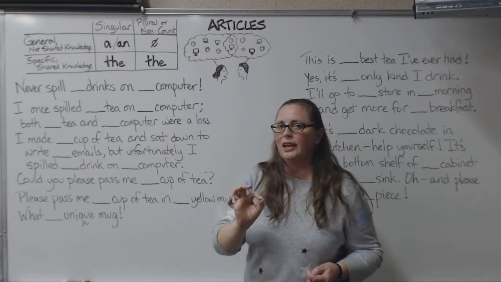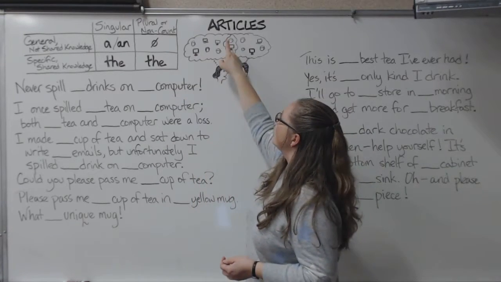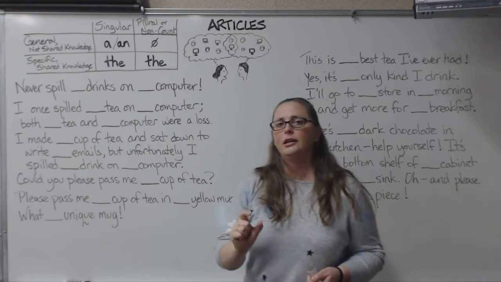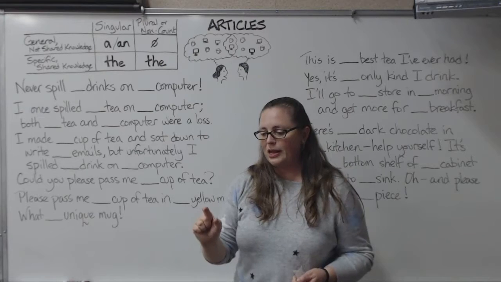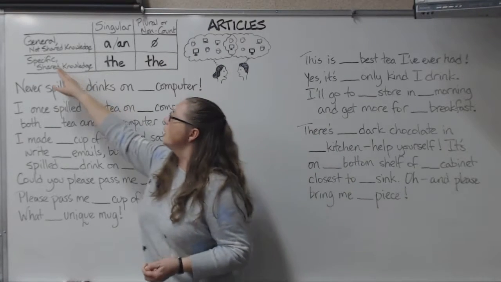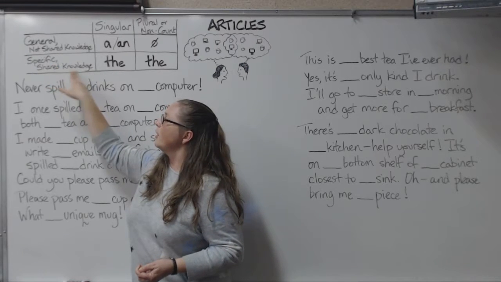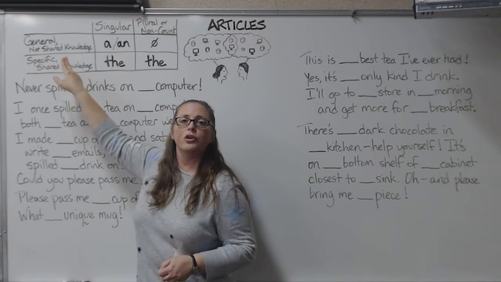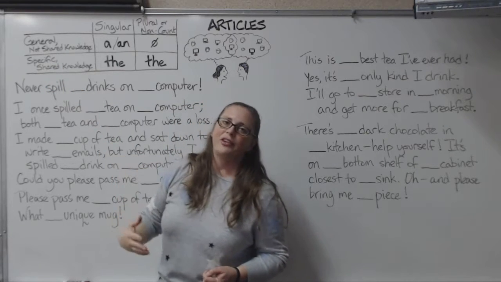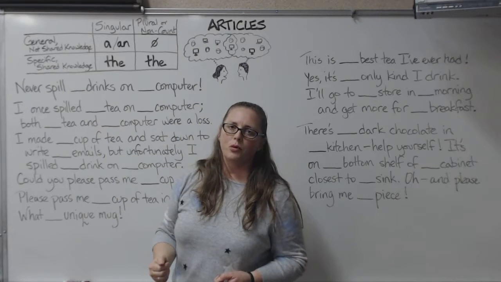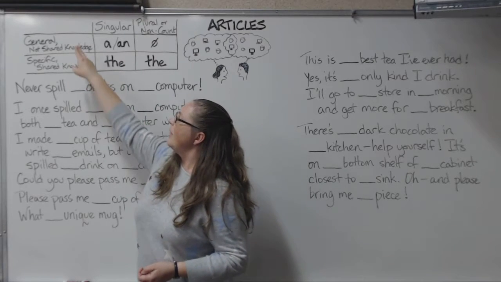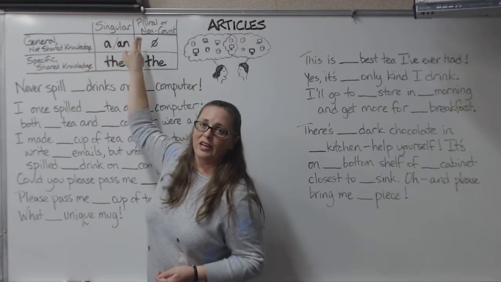It is only if they are sharing knowledge of a certain cup of tea and a certain computer that you can use the shared knowledge or specific article, also called the definite article in most grammar books. So this is what's called definite, and this would be the indefinite.